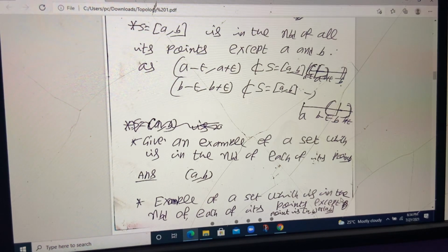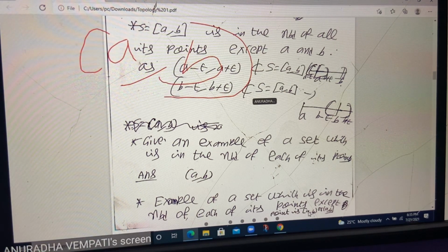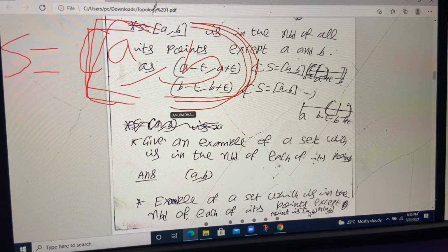Next, example of a set which is in the neighborhood of each of its points except one point. One point means semi-closed. So end points are never interior points. So take down another one. Third shortcut: if S is equal to [a, b), left closed, right open, that is semi-closed.